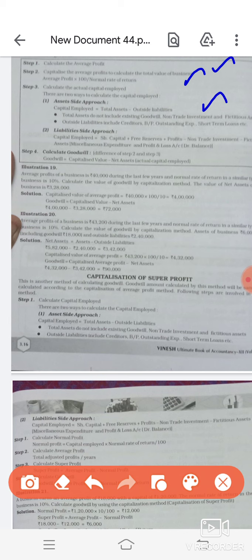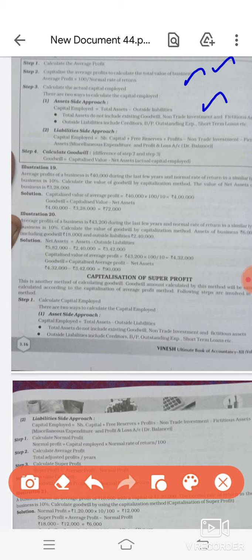Okay, in capital employed we will use two approaches, asset side approach and liability side approach. So capital employed equals total assets minus outside liabilities. So the same rules we have to follow. When we are calculating total assets, we should not include the amount of goodwill, non-trade investment and fictitious assets, that is the miscellaneous expenses and profit and loss account balance on the debit side, that is the loss.